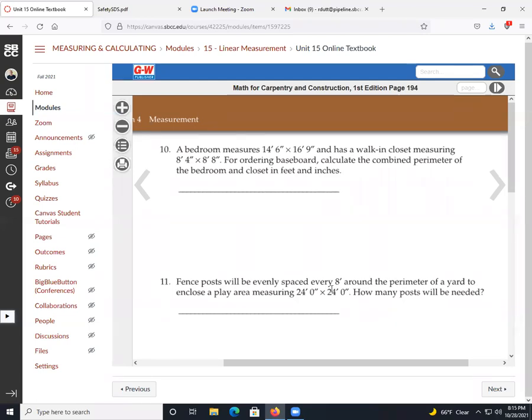All right, well, let me tell you the 2 processes that I would use. One would be just to make the feet and inches into decimal feet. So that 14'6" would be 14.5 feet by 16.75 feet. The 8'4" would be 8.333, and the 8'8" would be 8.666, or 8.67.